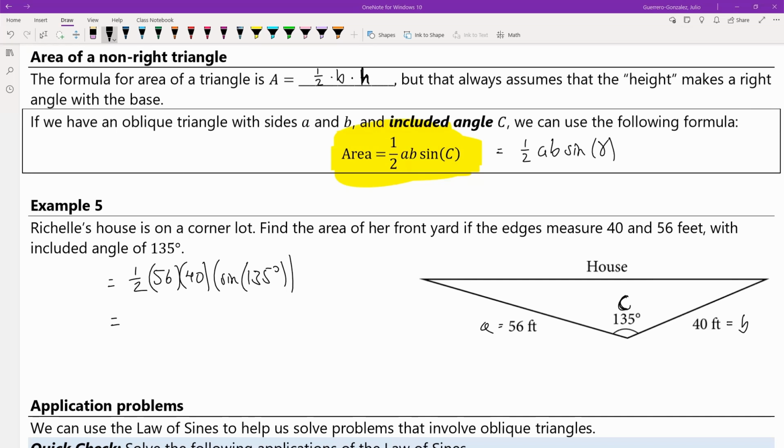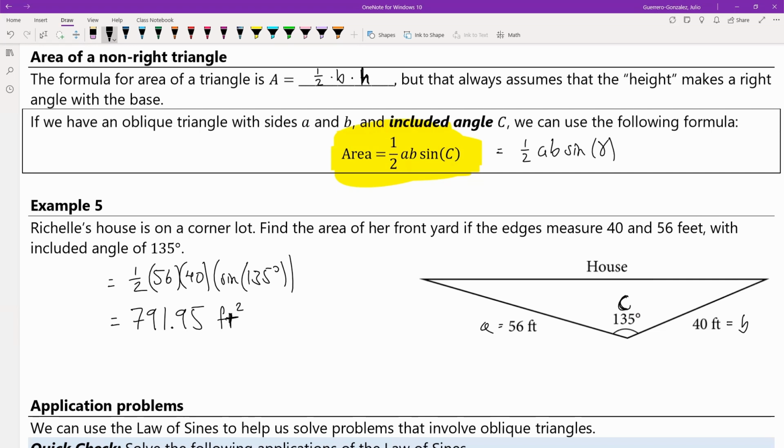Oh, come on. I am so glad that the semester is almost over. Times 1/2, we get 791.95 feet squared, since this is talking about an area, right? Woo! We're getting there. We're getting there.